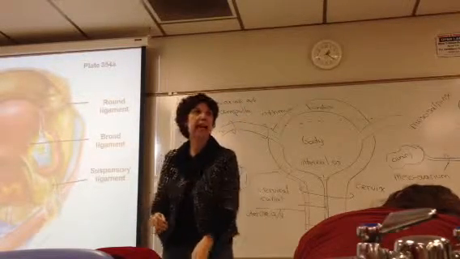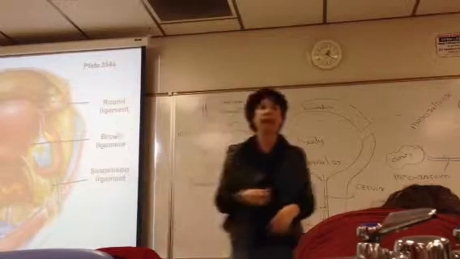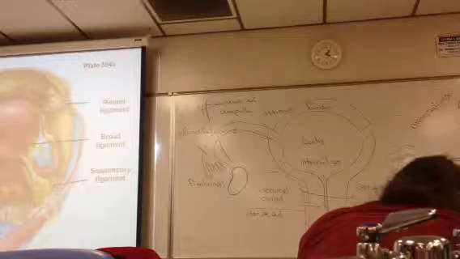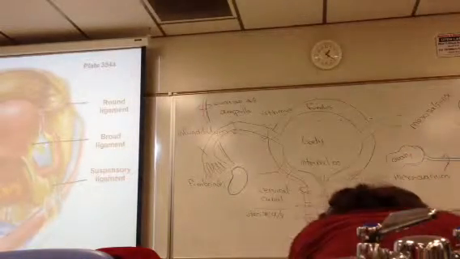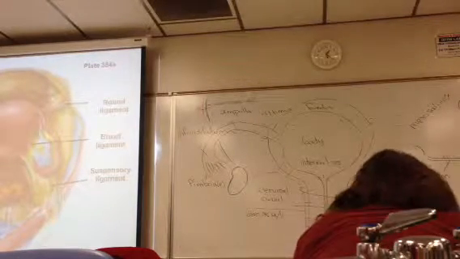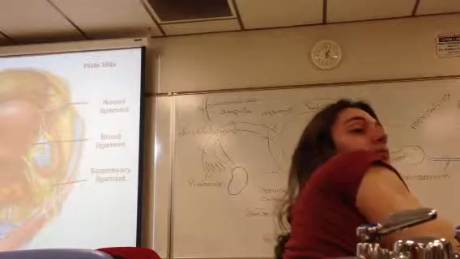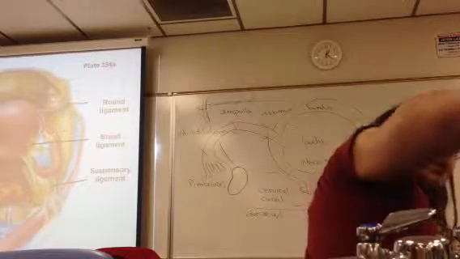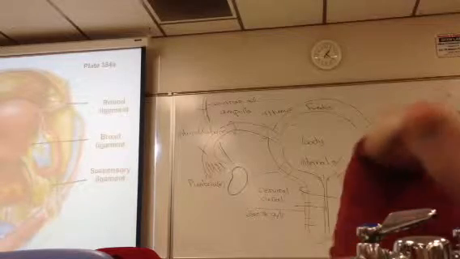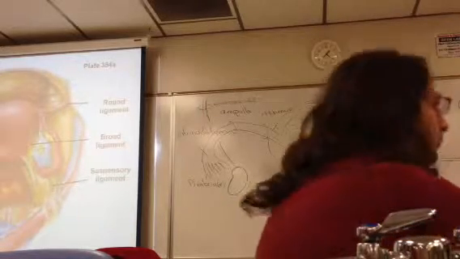You can see that very well in the plasticized pelvis, and you can also see it well in this model. So here's the uterus, here's the rectum, and this would be the uterosacral ligament right here. Okay. In our sagittal models, it's kind of hard to find.